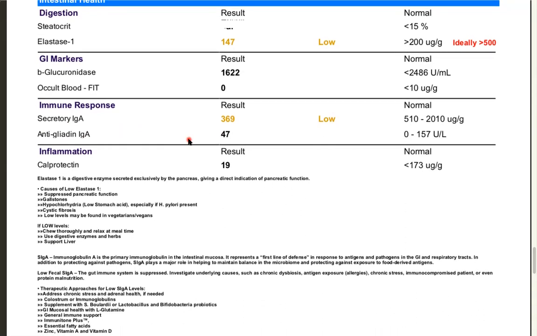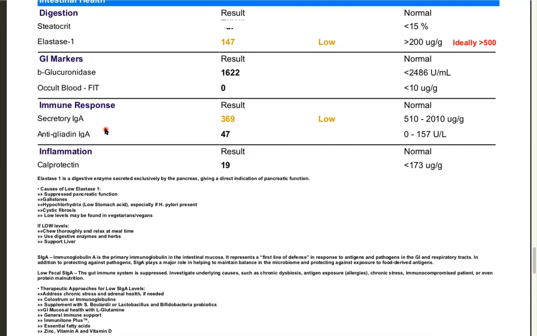So the way we want to address low secretory IgA is we want to first make sure that we're reducing stress and we are supporting adrenal health. So we can use things like adaptogens to help our adrenal gland, help us deal with stress better. We can also support SIgA with cholesterol and immunoglobulins.